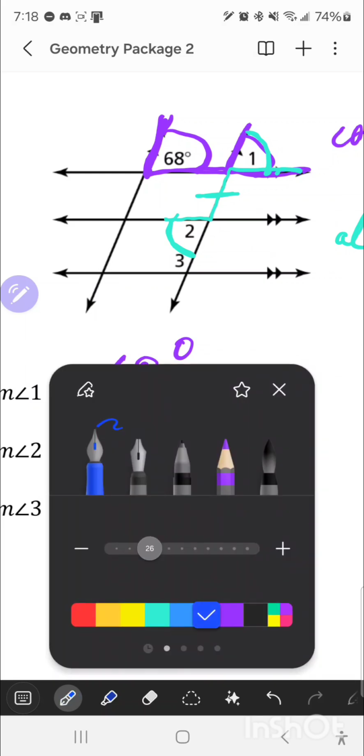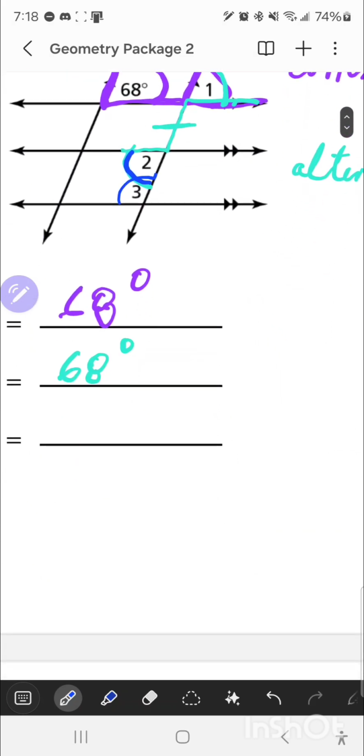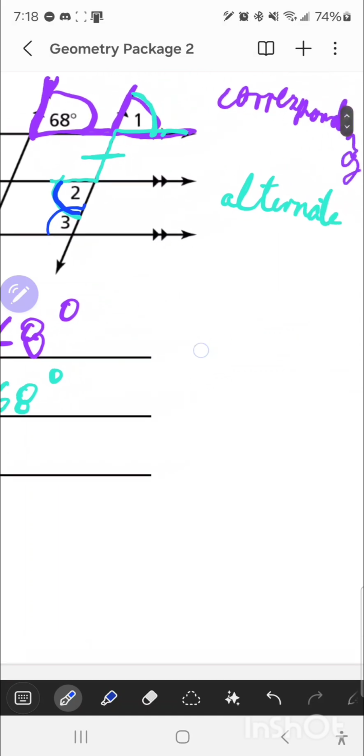Now I'm just missing one more, which will be angle 2 and angle 3. As you can see, the figure right here will be a C, like coconut, Z. So they are consecutive angles, and consecutive angles add up to 180 degrees.